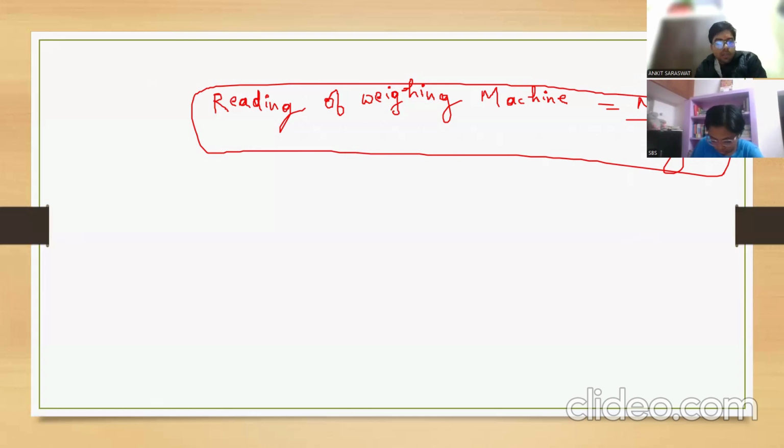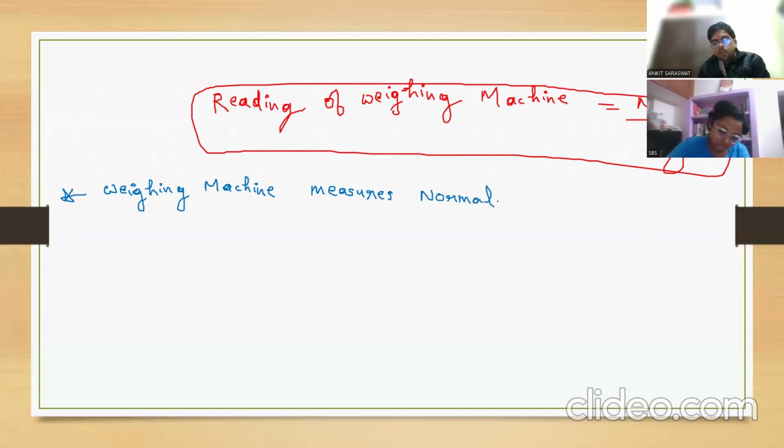Or you can write a concept also if you want to write. Weighing machine measures normal between machine and a body kept over it. Don't write B/W, write full between.